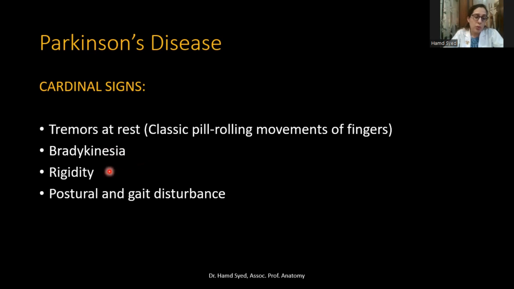There are also disturbances in the posture of the patient. Also, when the patient walks, there is a disturbance of gait. Now, we will be looking at these symptoms one by one in detail. I'll be showing you the videos of patients with these cardinal signs. The expressionless face, the plastic face, is also a cardinal sign of Parkinson's disease.